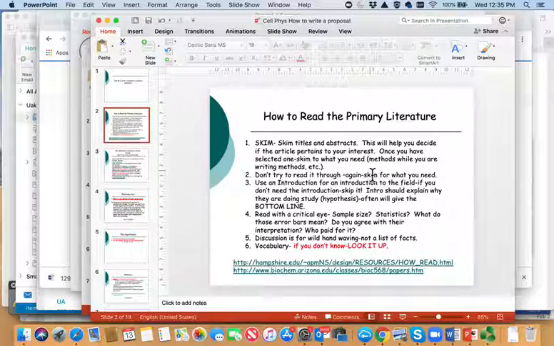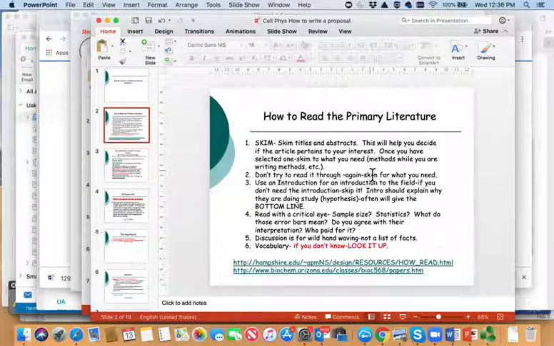Typically, they're just talking about, here are the issues in this field. So and so lab says this, so and so lab says that. And again, useful, but that's not primary literature. And as much as possible, I want you to stick to the primary literature. Tertiary literature would be something like your textbook.